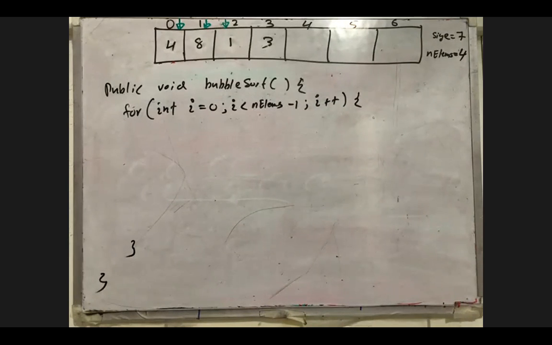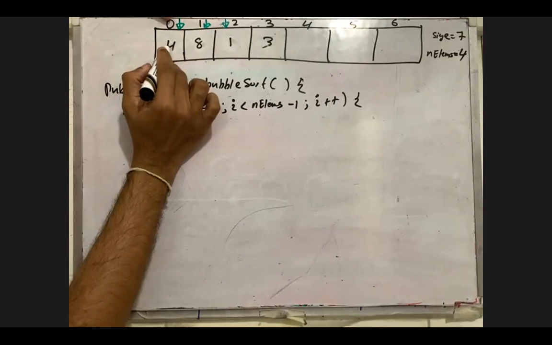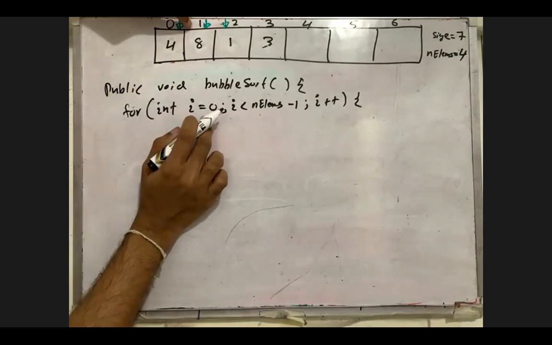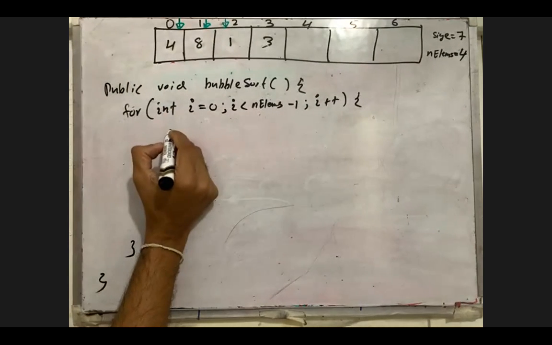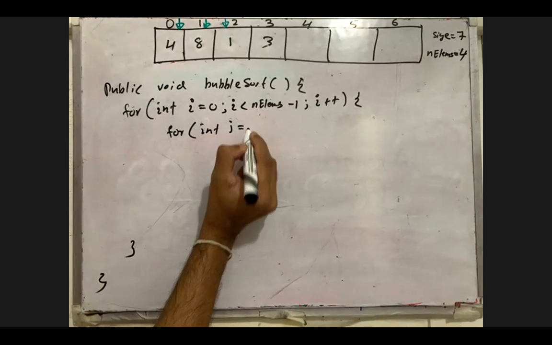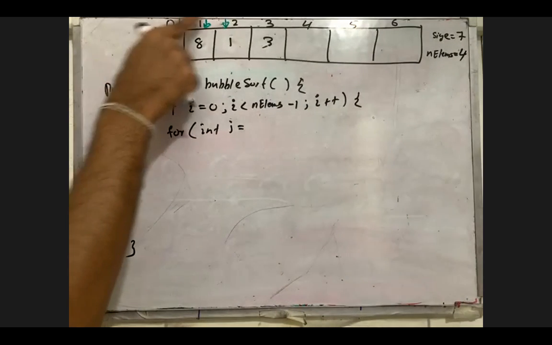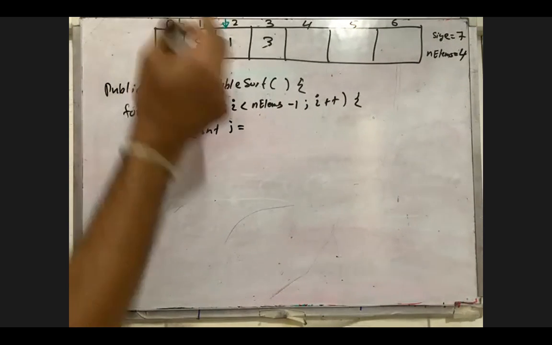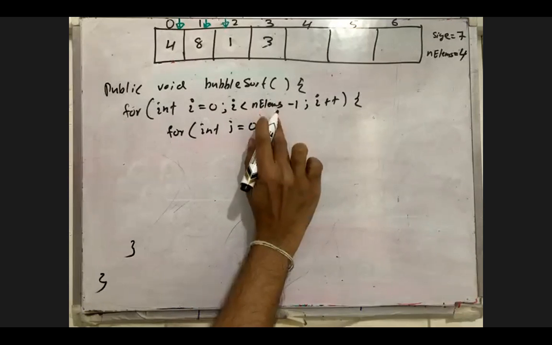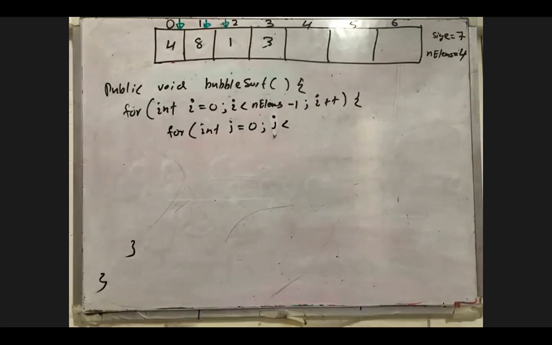Inside here, what you have to do, you need another for loop, you need to compare from 0. That means start from 0, 0 and 1. So how to do that one? You can write another for loop. Int j, okay, j should start from 0, you have to check the 0 and first location. And j less than what?